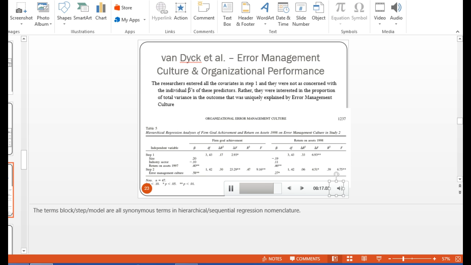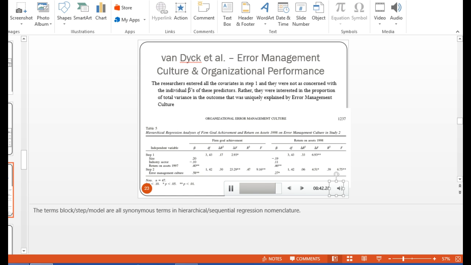And then we have the final R squared, which is 0.47. Notice that that is just the change in R squared added together, so we have 0.17 in block 1, 0.30 in block 2, and add them together, and that's 0.47. And so that's a really big effect size, actually. 47%, wow. For firm goal achievement, that's pretty cool. And of course, that's significant.